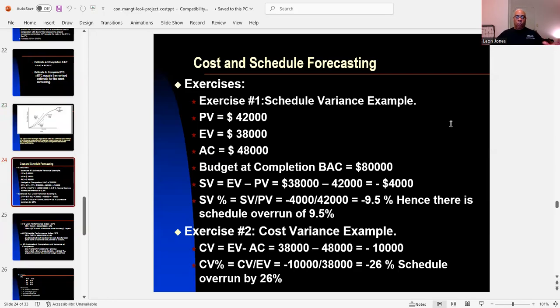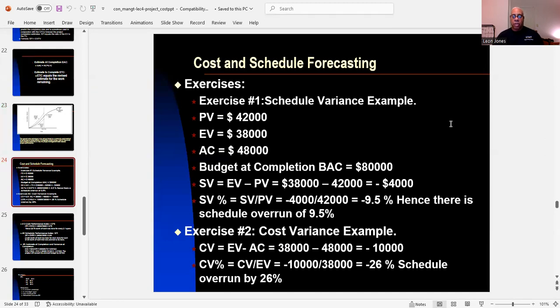And one thing you have to understand there is cost and schedule forecasting. So there are a couple of exercises. Exercise 1, and we're going to deal with a schedule variance example. So we have PV that equals $42,000, EV at $38,000, and AC at $48,000.